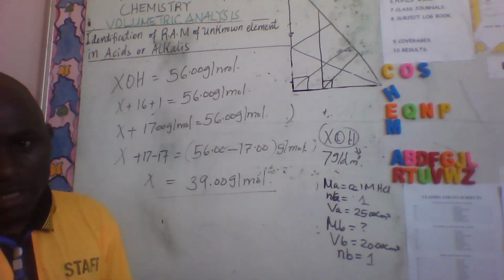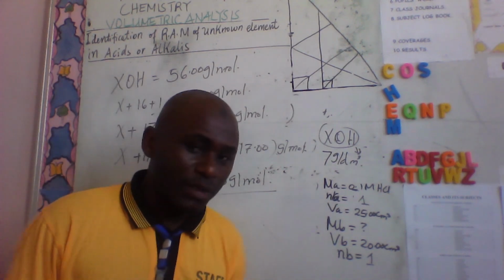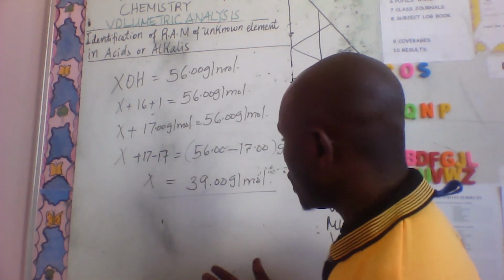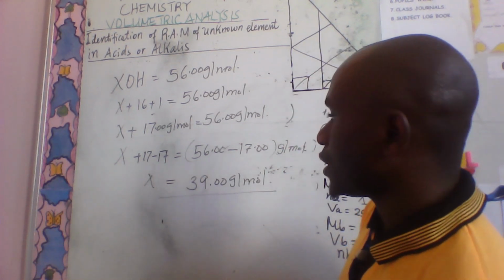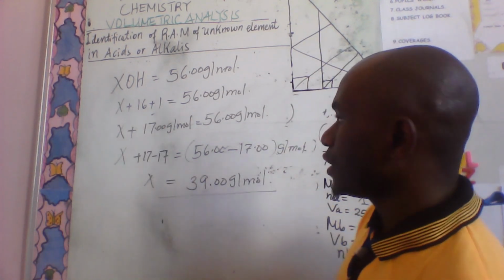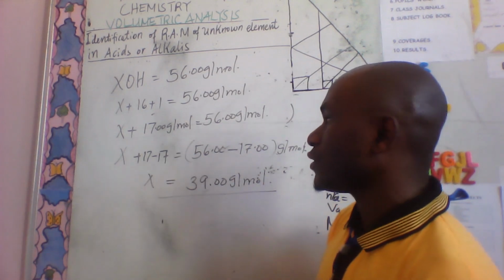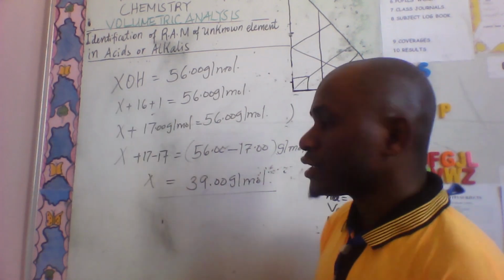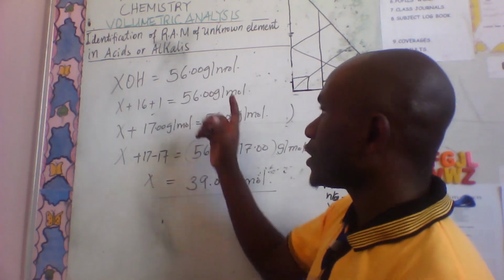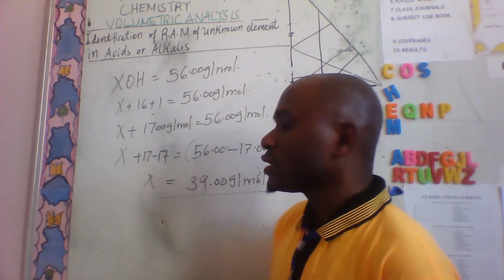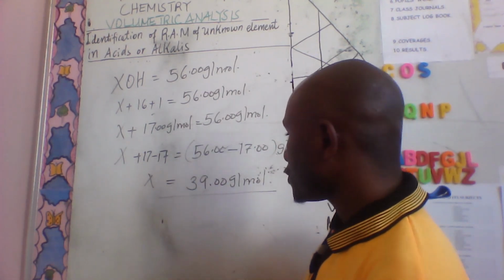After knowing the relative atomic mass of the unknown element, we substitute the 17 gram per mole as the relative atomic mass of OH, then substitute the molar mass obtained from the molecular base, and we get 39.00 gram per mole.